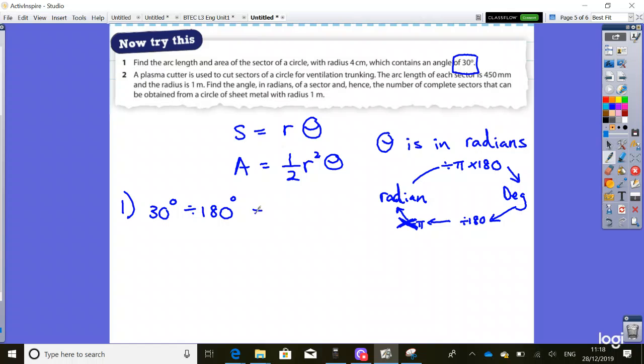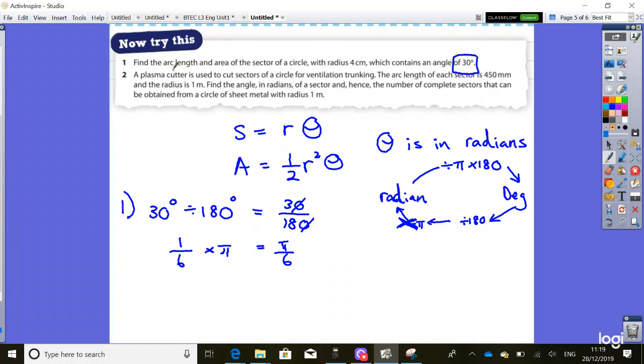Then you have 30 over 180, which cancels to 1/6, and then you times by pi, so therefore pi over 6 is the angle in radians.